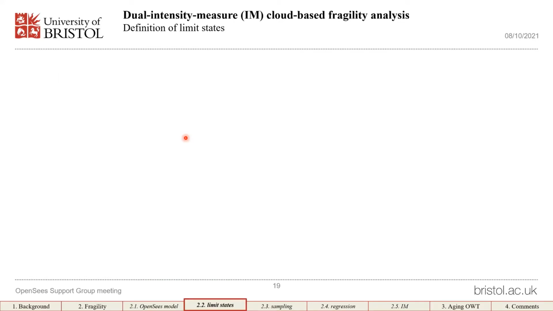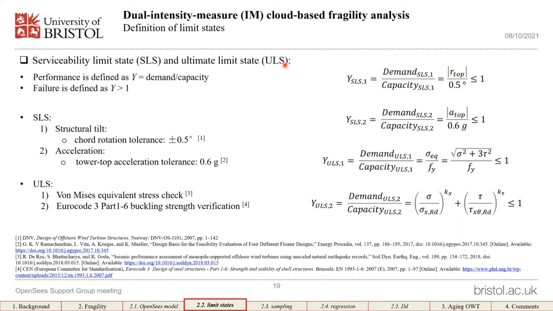For limit states, 4 criteria have been followed: 2 for the serviceability limit state, the SLS, and 2 for the ultimate limit state, the ULS. Structural performance was defined as the demand over capacity ratio, Y, for each criterion.